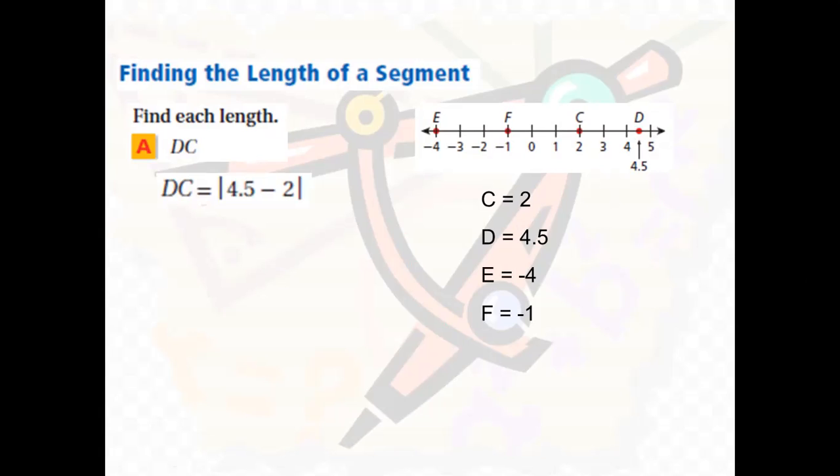So you need to put the coordinate of D and the coordinate of C inside the absolute value lines and subtract. So 4.5 minus 2 will give you 2.5, right? So the absolute value of 2.5 is 2.5, positive.